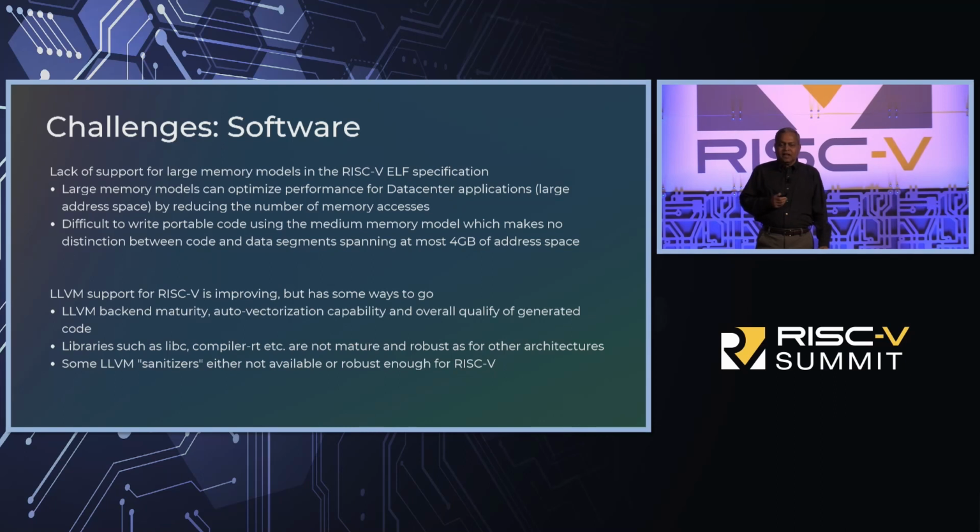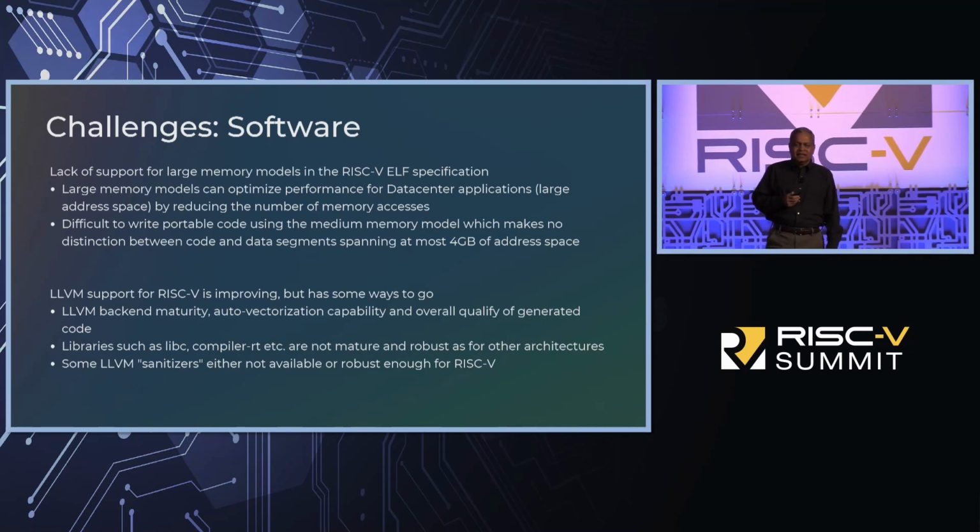So large memory models obviously can optimize performance for data center applications, right? And in addition to that, it was also very difficult to write portable code using the medium memory model, which makes no distinction between code and data segments, spanning at most 4 GB of address space.